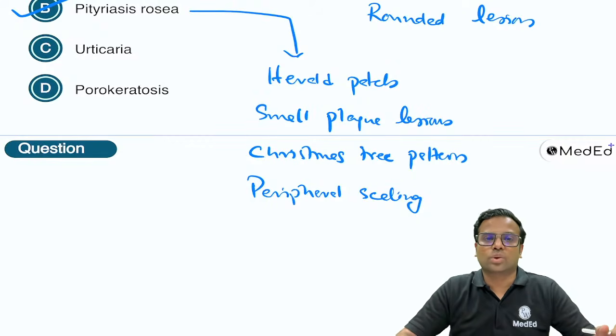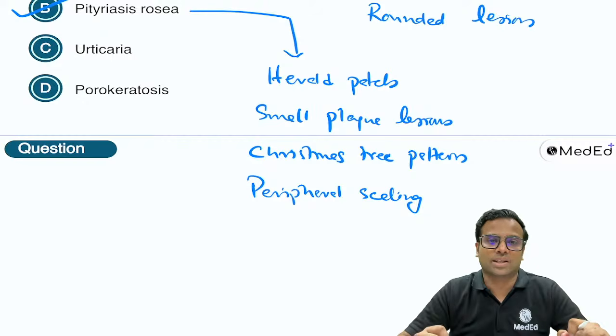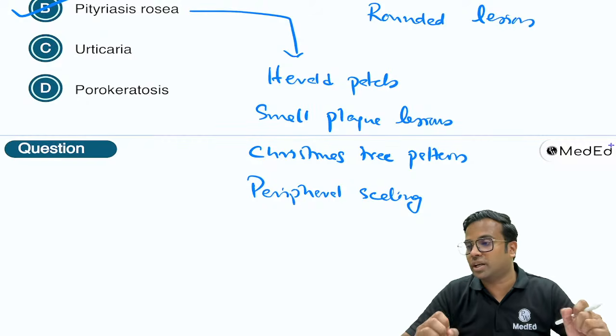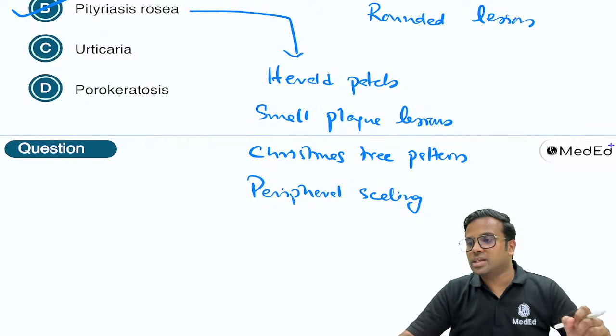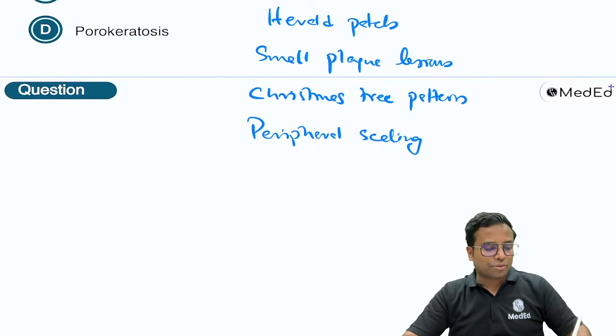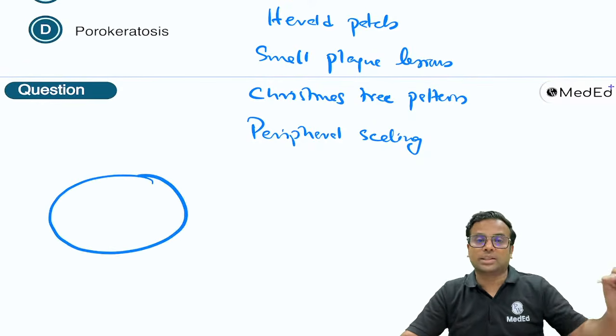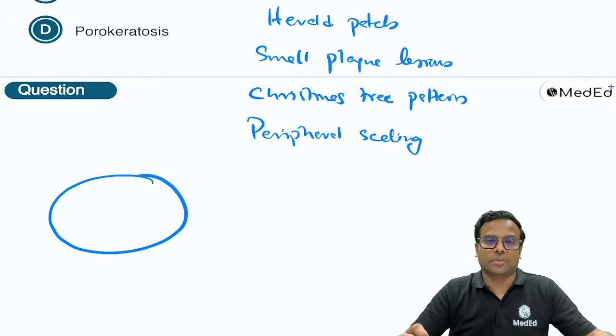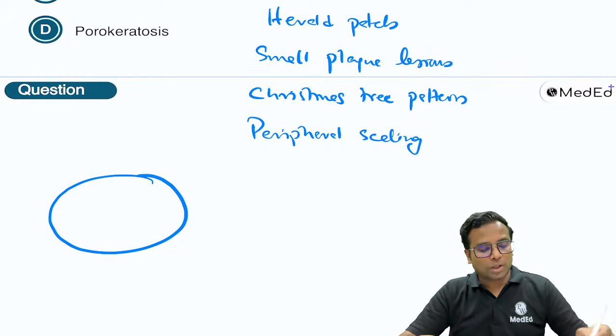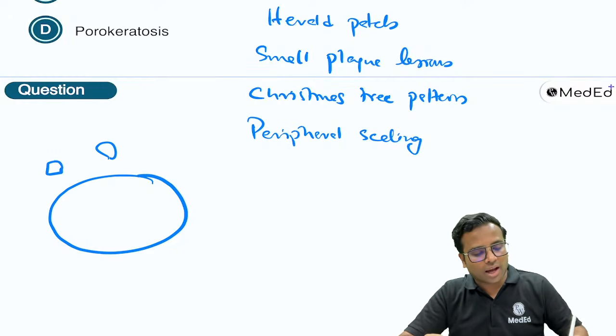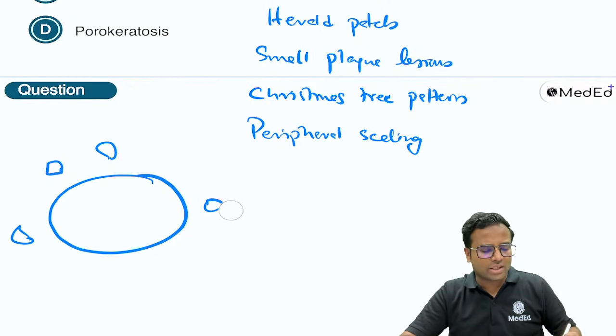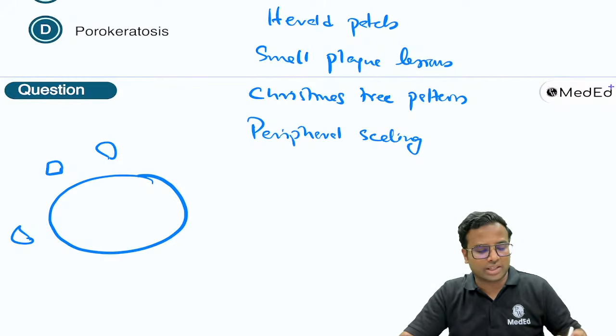But in Pityriasis rosea, the textbooks have never mentioned that it is going to be an annular lesion. See, the herald, this first lesion, that is the mother patch, may be annular. It can be a round lesion. But all the other lesions are small plaque lesions like this. So there is no mention that these are rounded lesions.